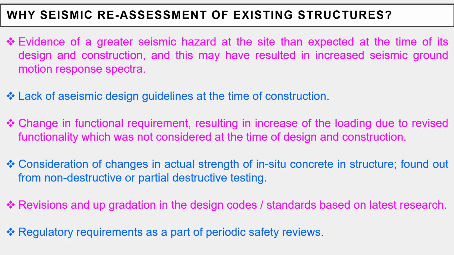That is also one of the reasons why we should carry out this seismic reassessment exercise. And yes, codes and standards are getting revised and upgraded based on the latest results. This is also one of the reasons. And for us, the regulatory requirement is part of periodic safety reviews. Because of all these reasons, seismic safety reassessment of existing structures is needed.